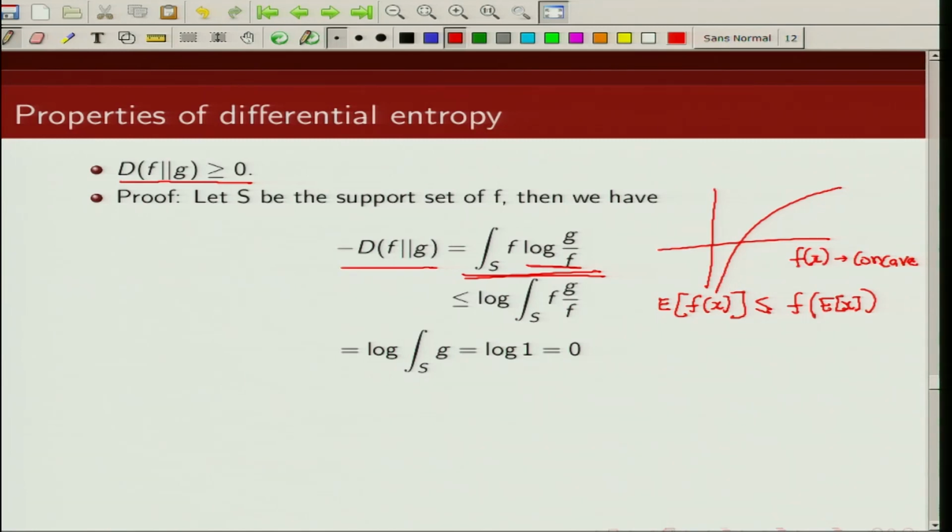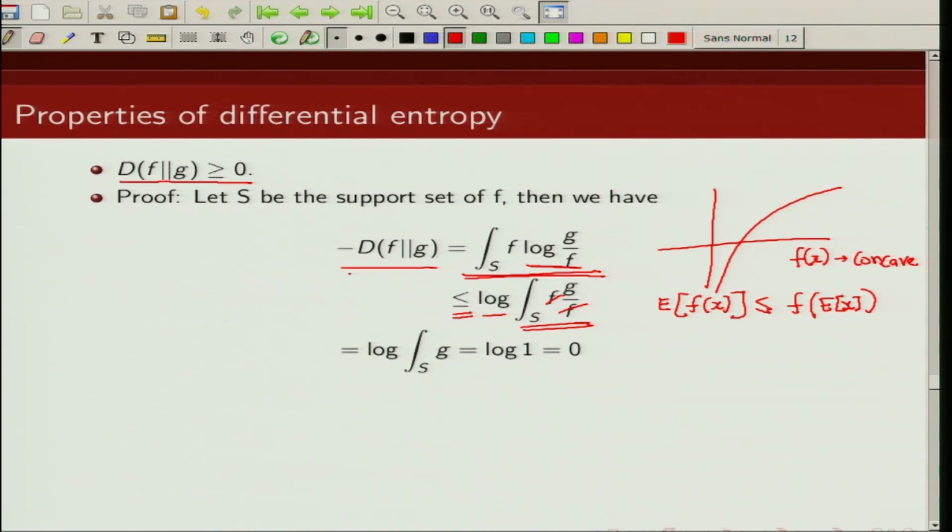So the expected value of log will be less than or equal to log of the expected value, and this basically is then the integration of g over the support set, which is 1, so log of 1 will be 0.